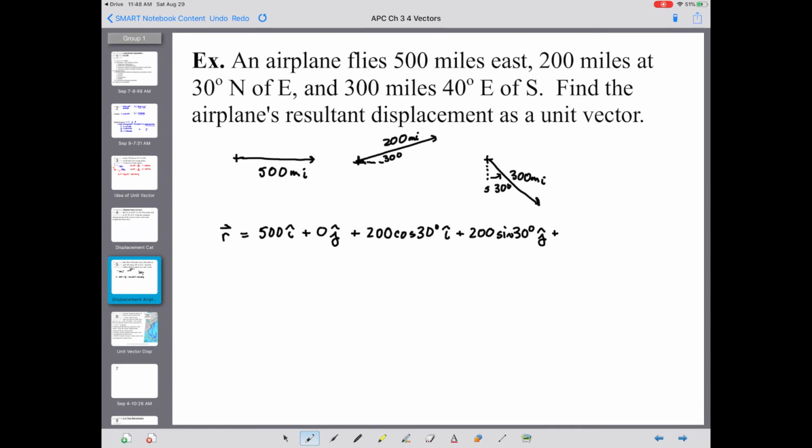Moving on to the third vector, the x component now is going to be on the opposite side of our triangle. If I draw out the triangle, x component here, which means we're going to use a sine to be able to get that. So then 300 sine 30 degrees, that's going to be the x component, so I'll tag that with an i.